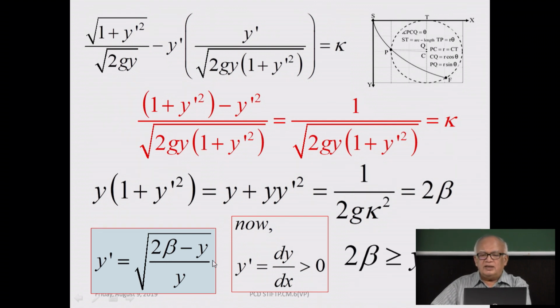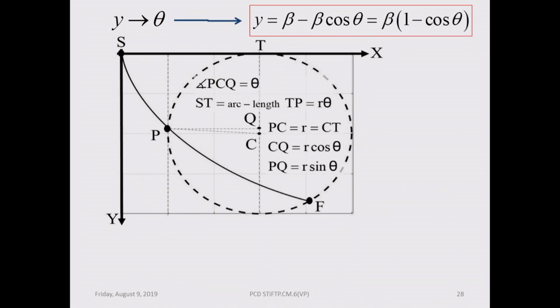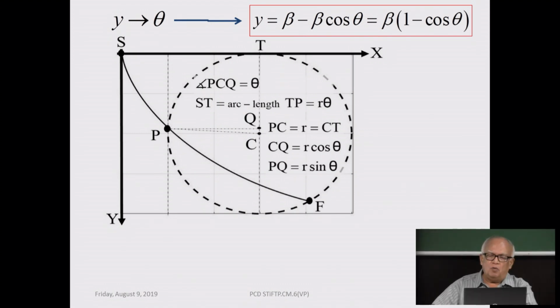That tells you that 2 beta must always be greater than or equal to y, and we know that y itself always has to be greater than or equal to 0 because you started out with 0 and y is only increasing as you go down, right? So you get this inequality relationship between y and beta, that 2 beta must always be greater than or equal to y, which is also greater than or equal to 0.